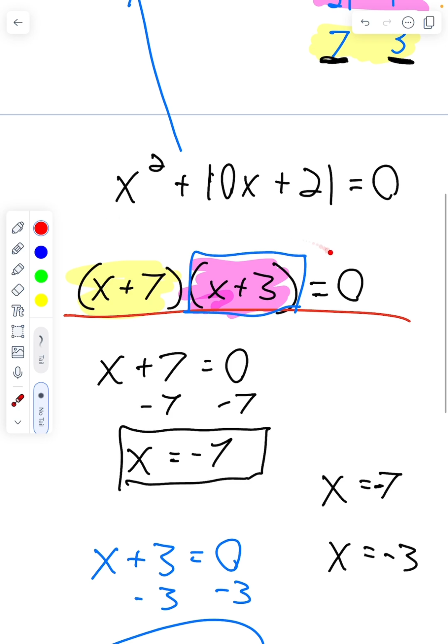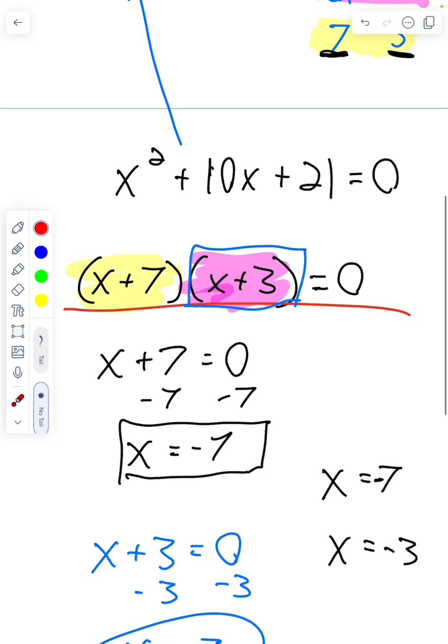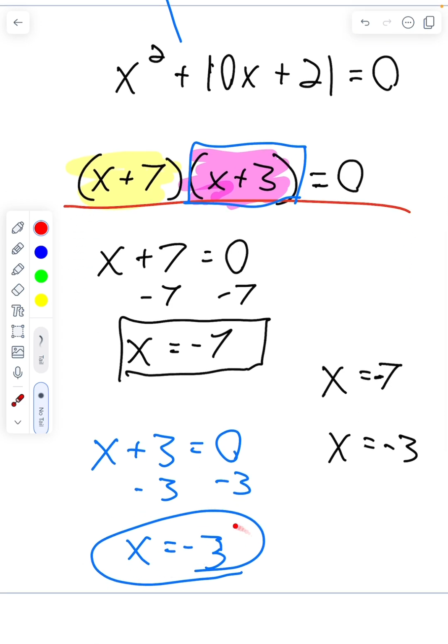But if I factor to this, now it's pretty easy to figure out what terms will give me my zeros. I can set this equal to 0, like I did here, and I could set this equal to 0, like I did here, solve for my x's, negative 3 and negative 7, and again, as long as one of these binomials here or here equals 0, then my answer will be 0.